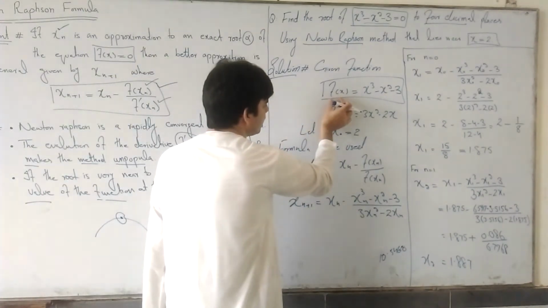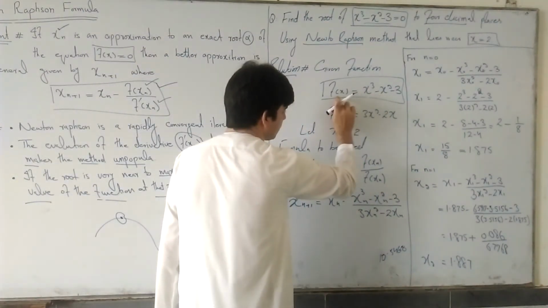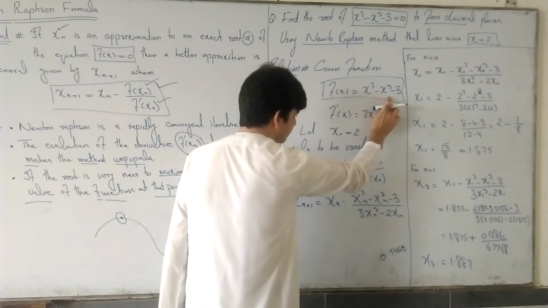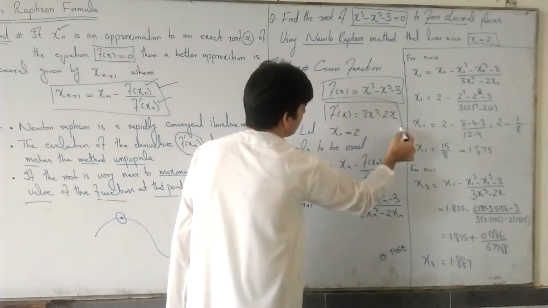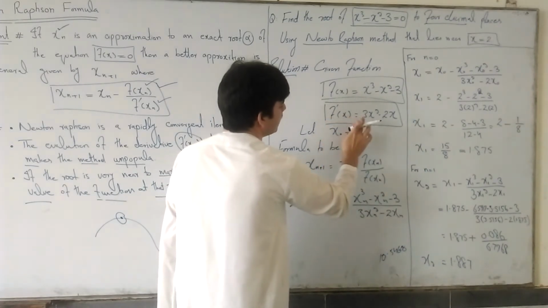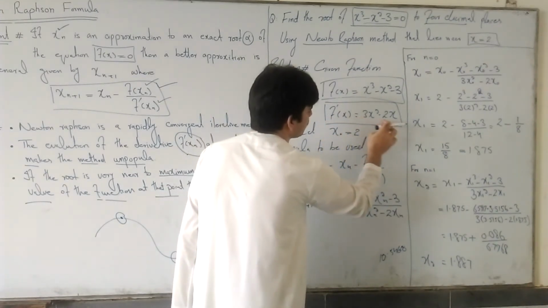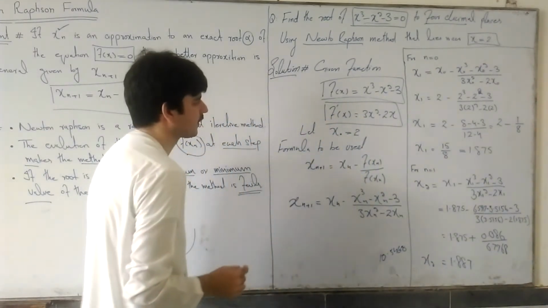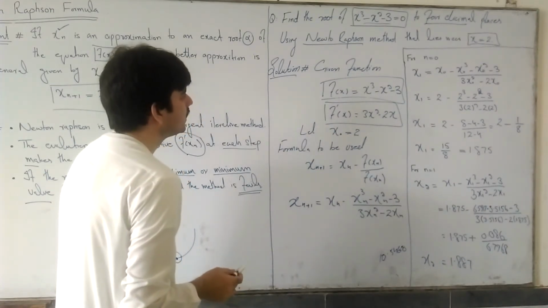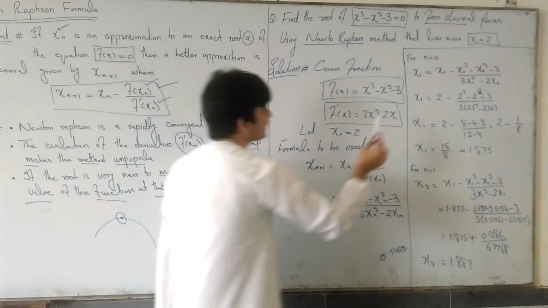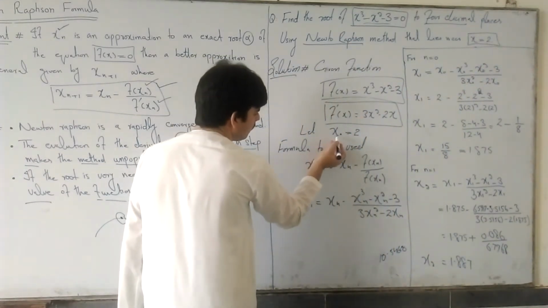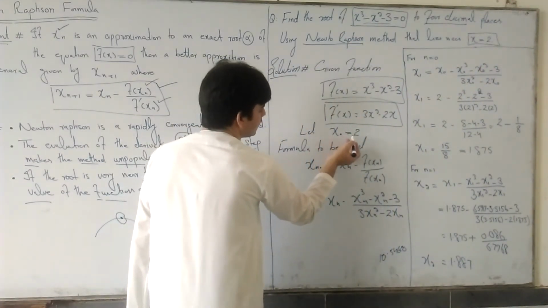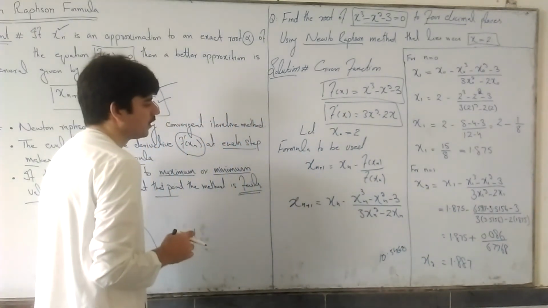Our given function is f of x is equal to x cube minus x square minus 3 and its derivative is f prime of x is equal to 3x square minus 2x. We find the root lies near x is equal to 2. This means that the initial value x naught is equal to 2.